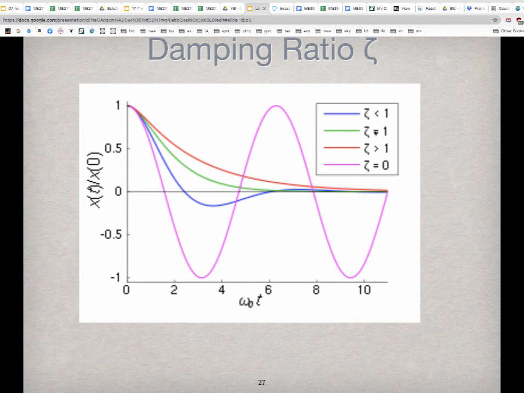The ideal is a damping ratio of 1, and that's the green line, where the displacement returns to 0 without any overshoot. And if the damping ratio is greater than 1, that's the red line. It doesn't have any oscillation, but it just takes a long time to return to 0. And if the damping ratio is 0, of course, you have no damping at all.